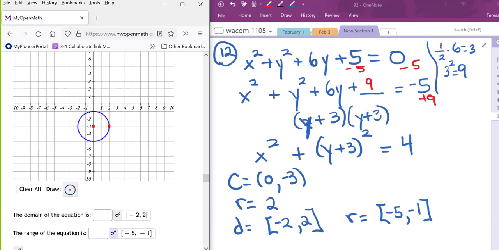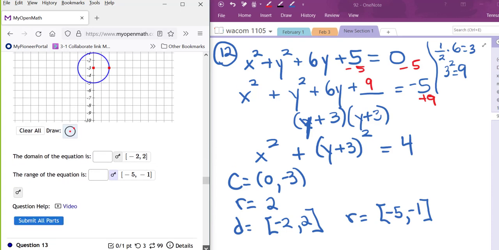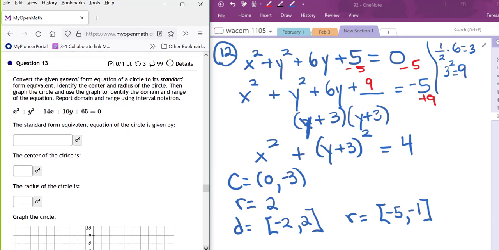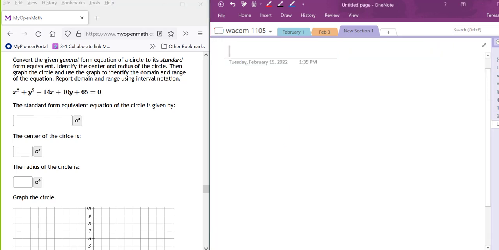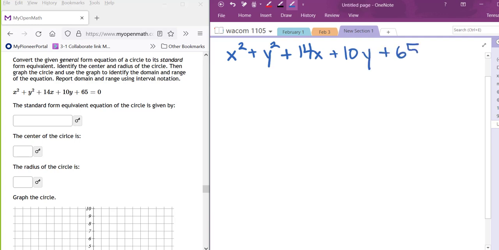All right, let's try one more of these. I picked 13. So we have x squared plus y squared plus 14x plus 10y plus 65 equals 0.